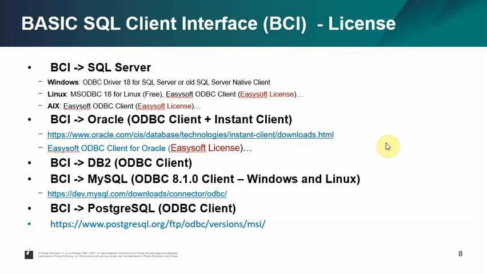That's the only difference between a BCI connection and an EDA connection. Sometimes on a platform like AIX, you might need an additional ODBC license from a third-party product, for example Easysoft.